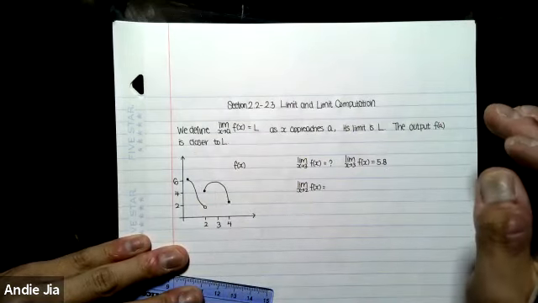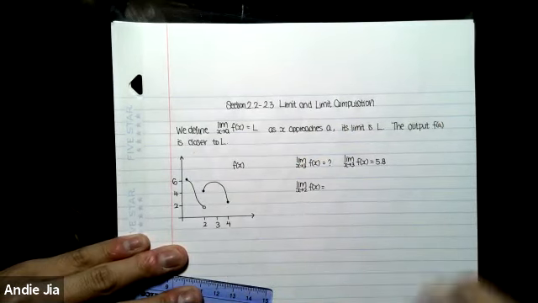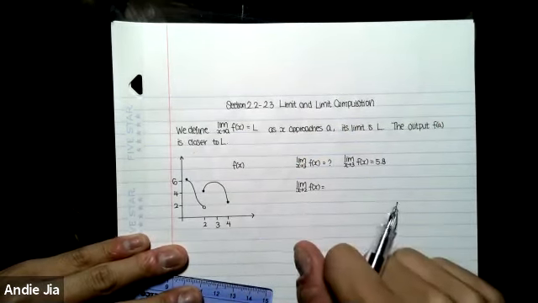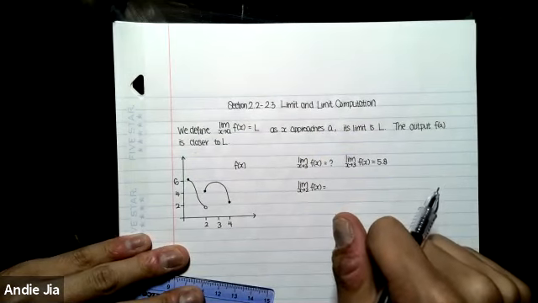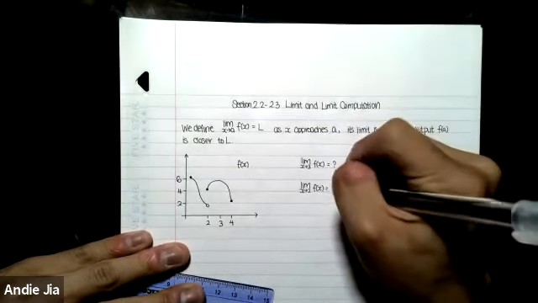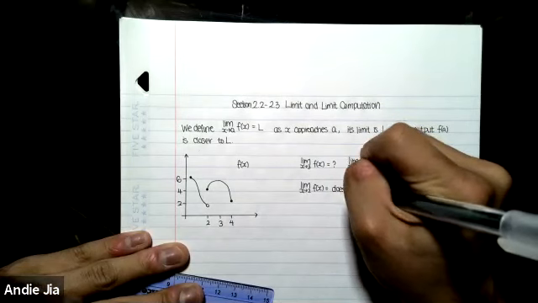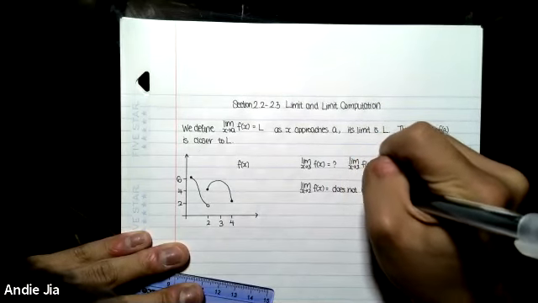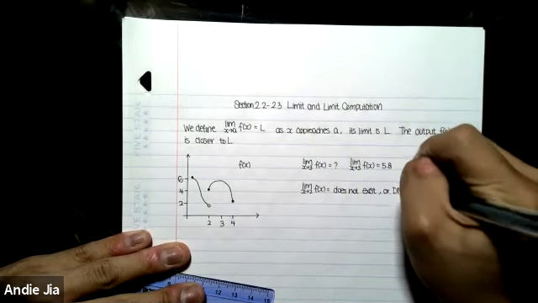Never average it. Or maybe take a guess: what is the limit of f of x as x approaches 2? The answer is: does not exist.